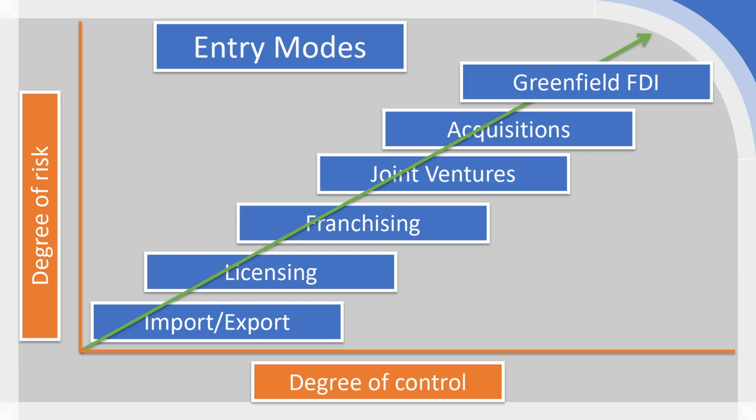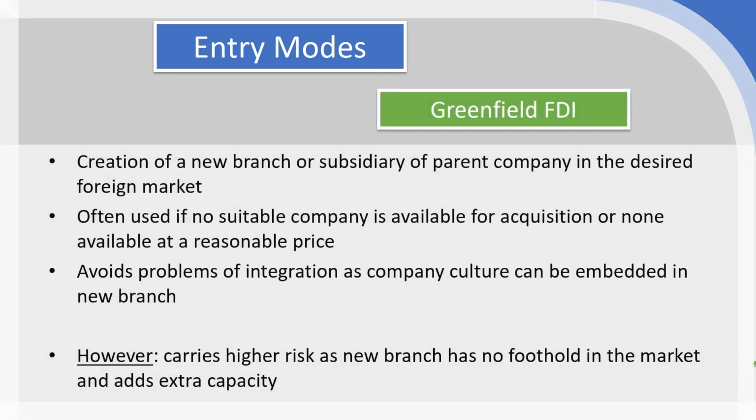So we aren't dealing with the pre-existing configurations. We're actually building our new branch or subsidiary directly as the international business wants in our new target market. So there's no integration issues. There's no set configuration issues.